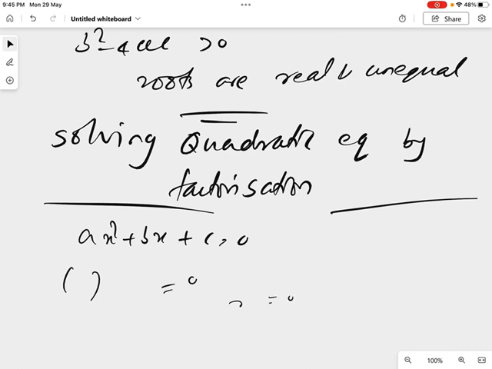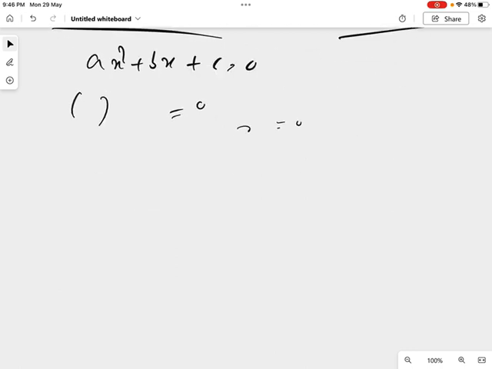The zero product rule means whenever the product of two expressions is 0, at least one of the expressions is 0. For example, 2x square minus 7x is equal to 39. How to factorize?